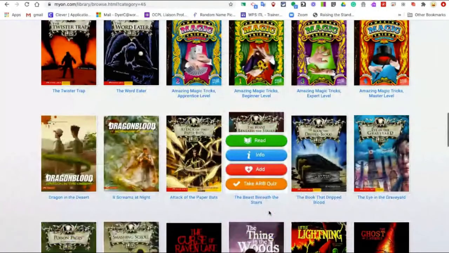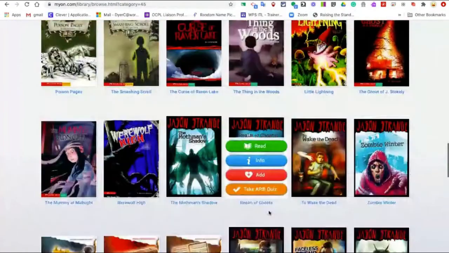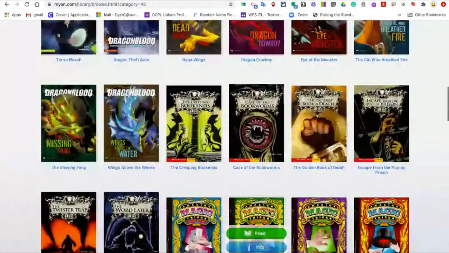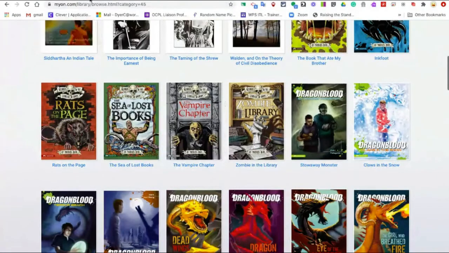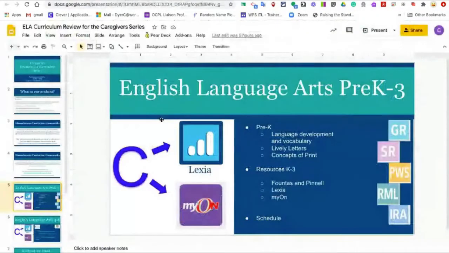It allows the kids to have ownership of what they're reading and enjoy these books. Our goal of every English language arts program is to fall in love with books. This is something that we're using this year, and we're really encouraging students to jump into these books and enjoy them. That is in the students' Clever account.